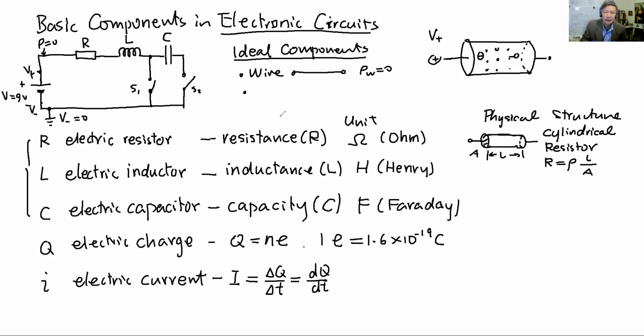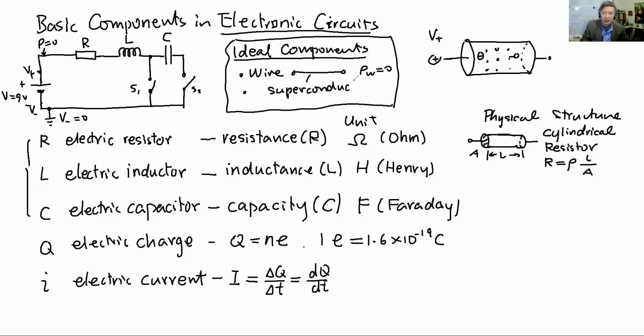Everything is ideal, and that's something I have to mention: we're not dealing with real components. In other words, a wire in RLC is considered not just a conductor but a superconductor, because only for a superconductor can we say the resistivity is 0. Of course, that's just for convenience.